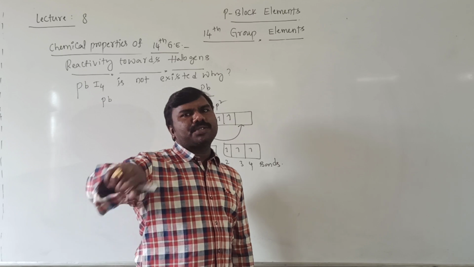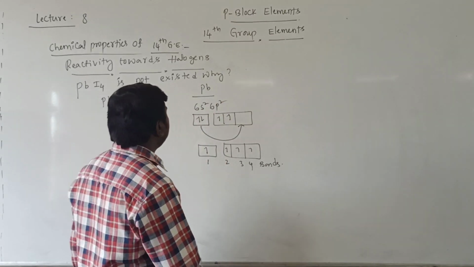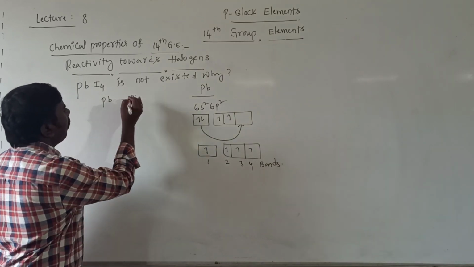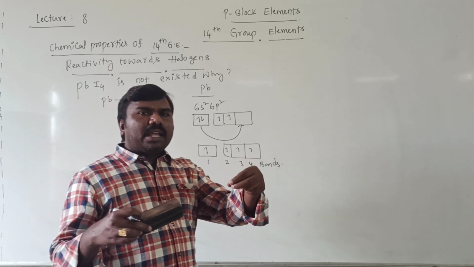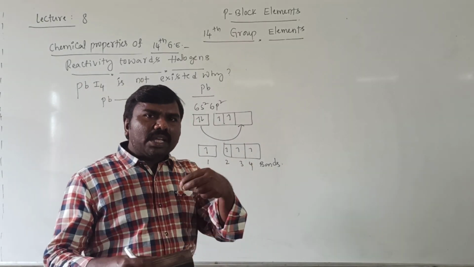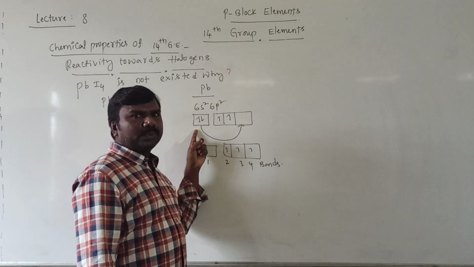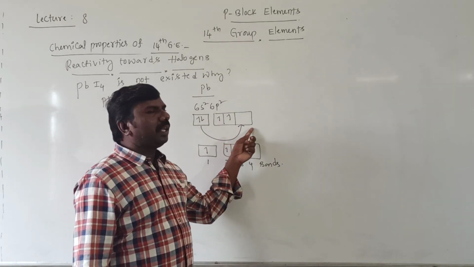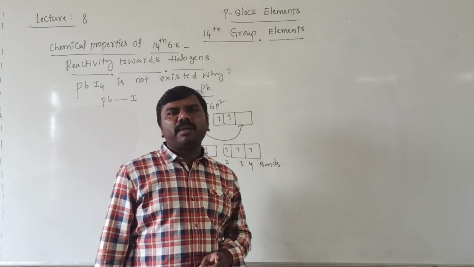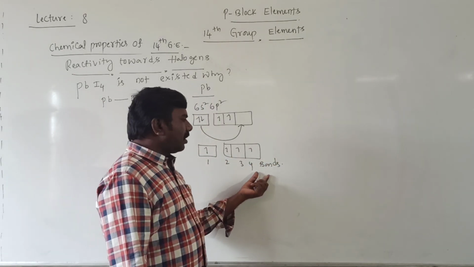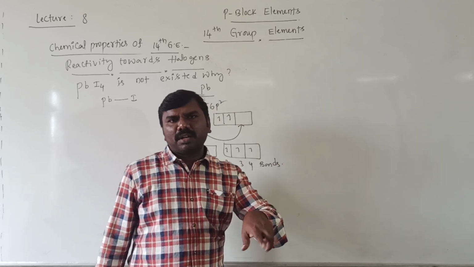To jump from s to p, some energy is required, and that energy is released from Pb-I bond formation. That energy is utilized to shift the paired electron to the empty orbital, giving 4 unpaired electron orbitals and a chance to form 4 bonds.